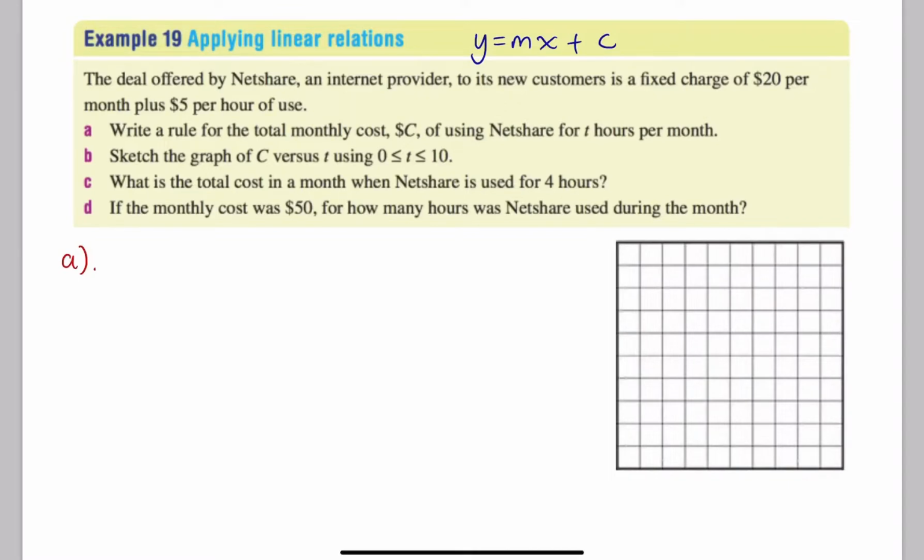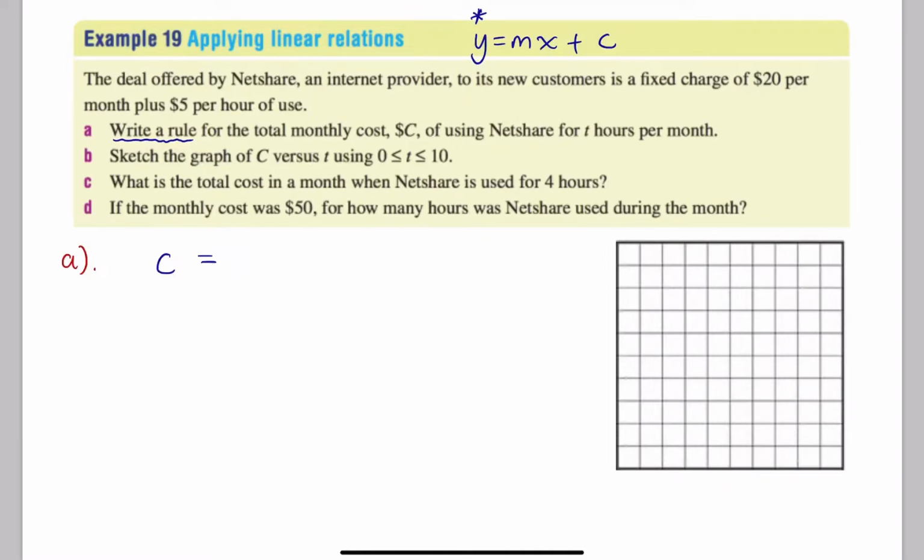Okay, but this question says write a rule for the total monthly cost. So let's have a look at what the question says. It says, to its new customers, there is a fixed charge of $20 per month plus $5 per hour of use. And we want the total for the month, the total cost, which is C. All right, so we're going to put C as our first thing, and that looks like this y here, doesn't it? So that means our T is going to be our x variable. And let's have a look.